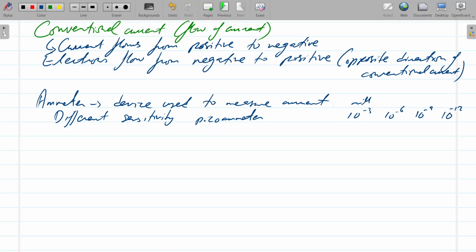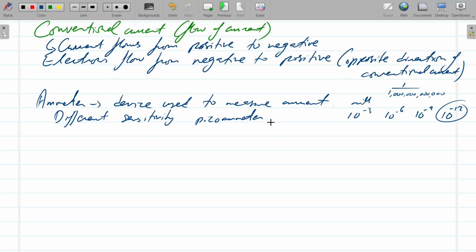Let me just check that. Yeah, so it is 10 to the power minus 12. So that is small. That is 1 divided by 1 followed by 12 zeros. So 9 zeros is a billion, and that basically means this is 1 trillionth of an ampere.